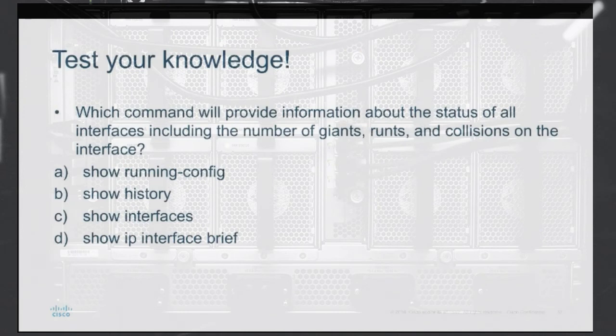Just to test your knowledge, which command will provide information about the status of all the interfaces, including giants, runts, and collision interface? I'll give you 10 seconds if you put it in the chat.